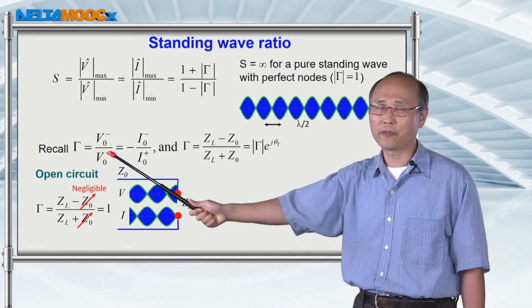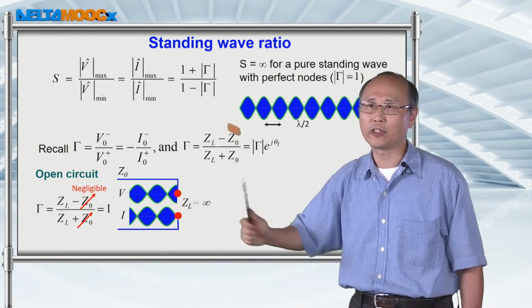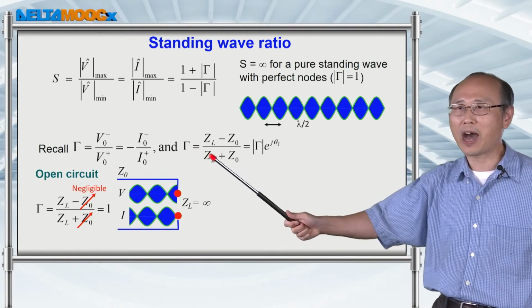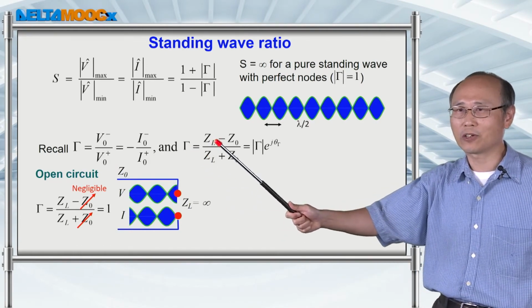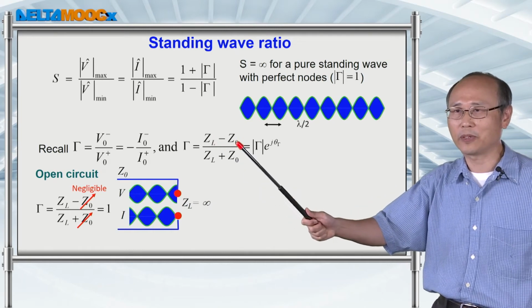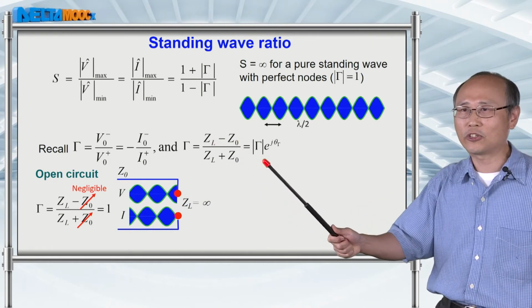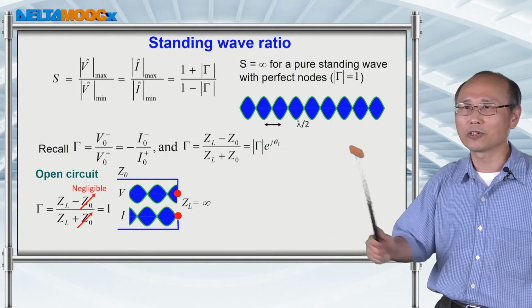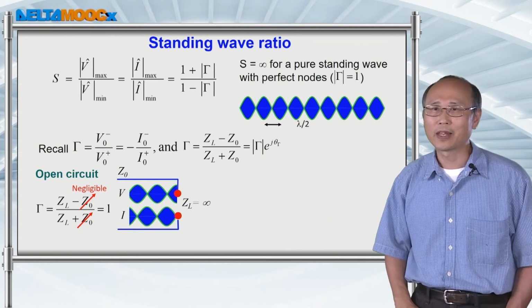Recall this formula for the reflection coefficient for the voltage. This reflection coefficient, if you spell it out with the load impedance and characteristic impedance, is in general a complex number with some magnitude and also some reflection phase.